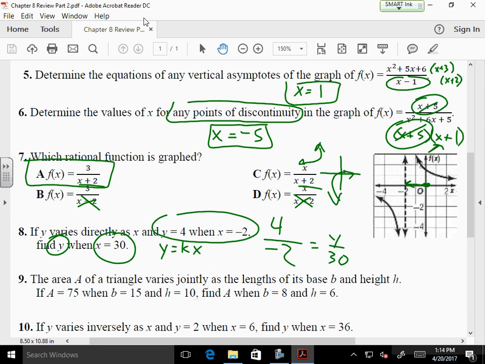So we cross multiply here to find the value of y we need. You get -60, I believe. Yep. Good.